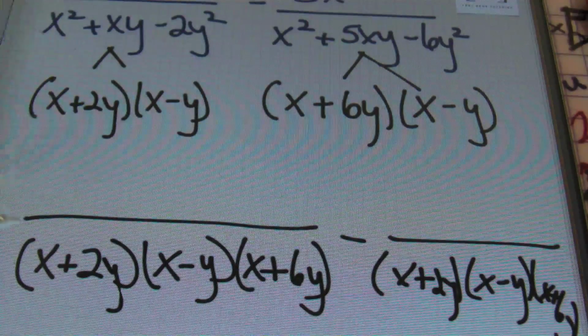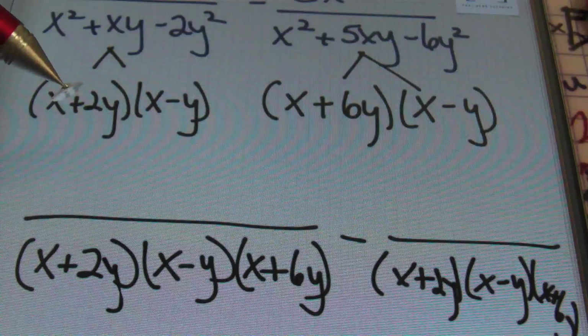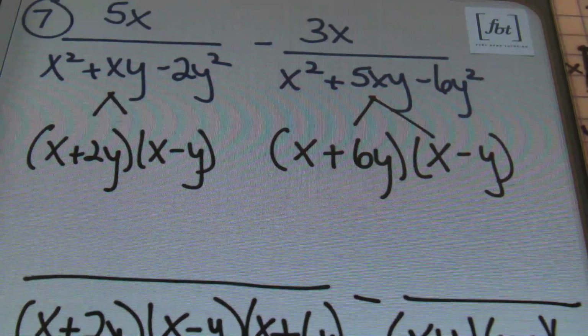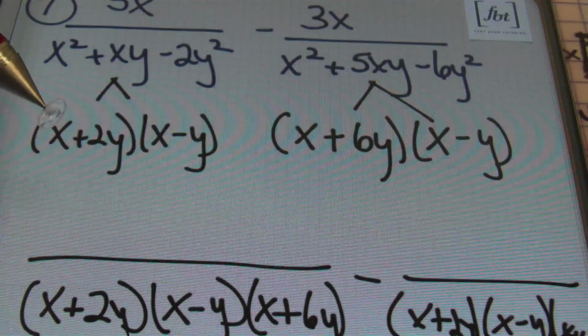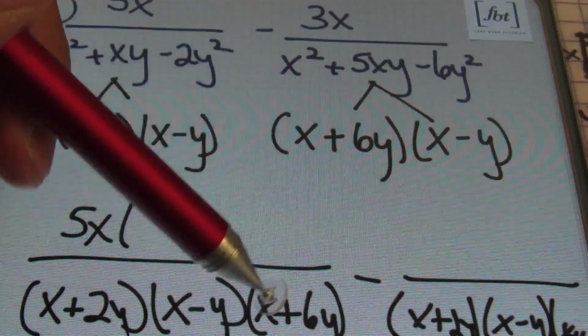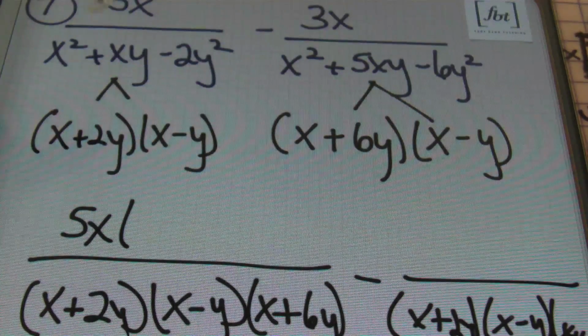Remember, we compare the denominators. Whatever you did not have in your original denominator, you'll need to multiply your numerator by. So I'll need to multiply 5x by what I did not have in my original term's denominator. So I'm multiplying 5x times this x plus 6y. I did not have that as a factor of my original denominator.